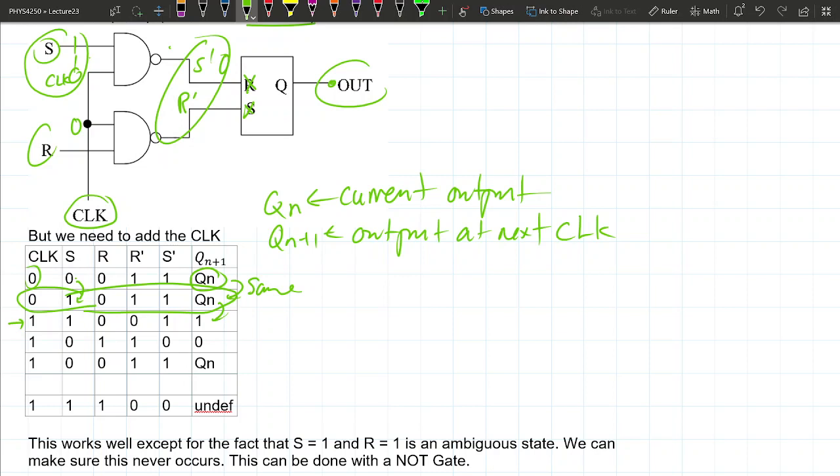So Qn, we actually don't know what it is, because it's locked behind this clock. Whatever it is, we can't change it. I mean, you can look at it, but we can't change it, and that's why it's stuck at Qn. But once this clock pulse comes in, it basically unlocks this RS flip-flop, and now we can change the output. And remember that the output is always the opposite of the input. Ah, did I do that right?